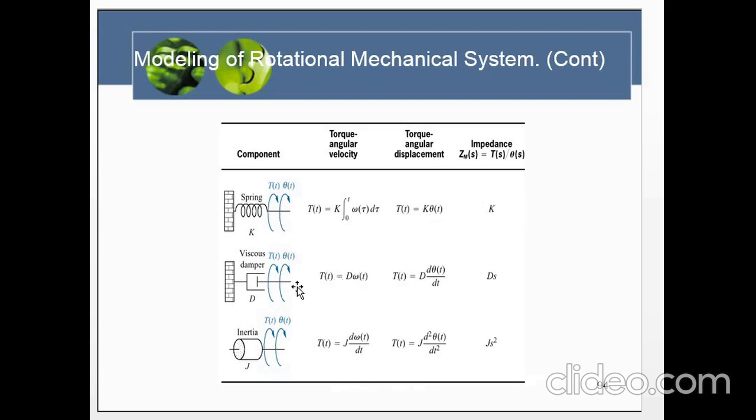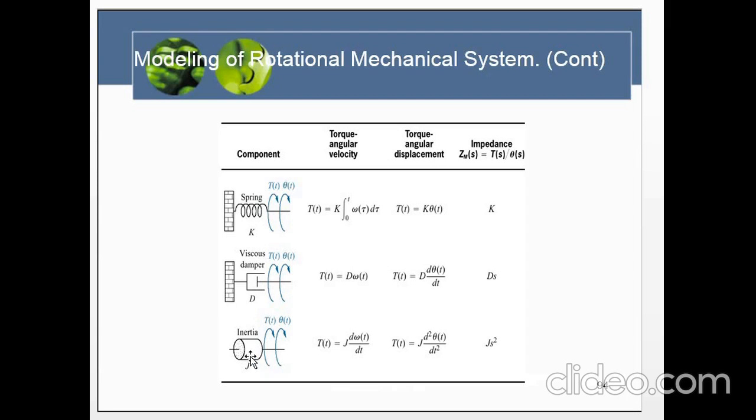And then for the viscous damper, for angular velocity, T equals D omega(t), and for angular displacement, T(t) equals D d theta per dt, and Ds is the impedance.